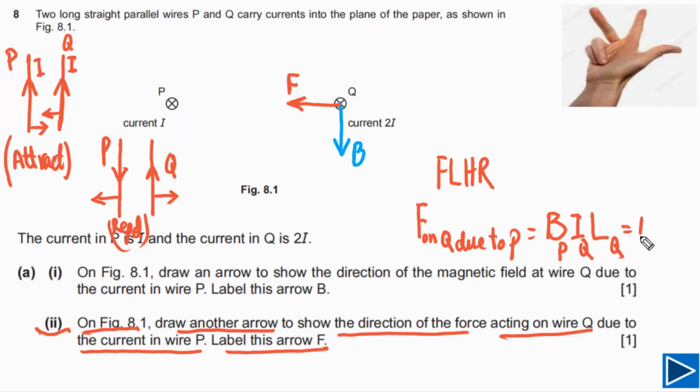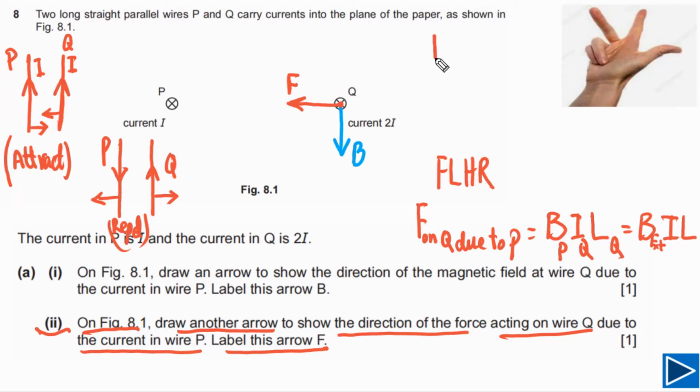In this formula, B is always the external magnetic field, I is the current in the wire and L is the length of the wire. So in this case, if you look at wire Q, the magnetic field due to wire P is downwards and the current in wire Q is into the page.